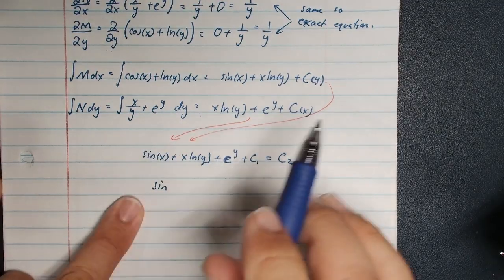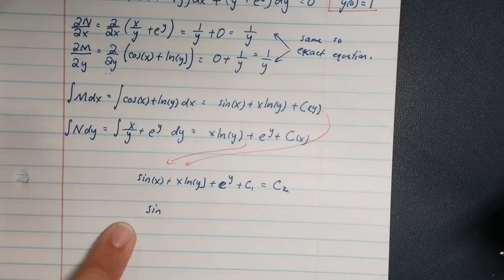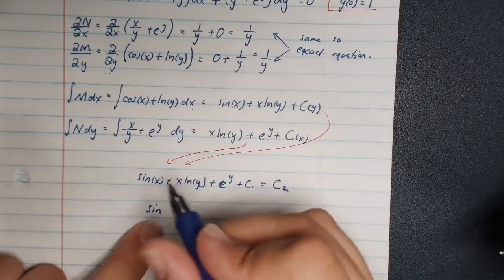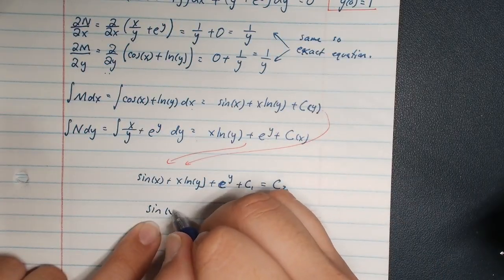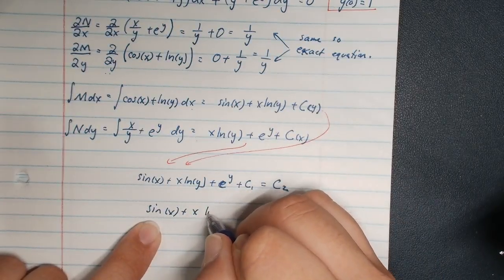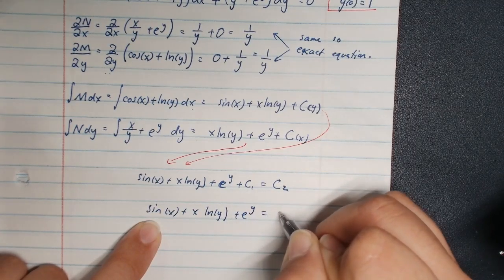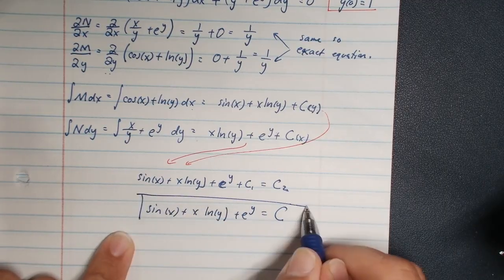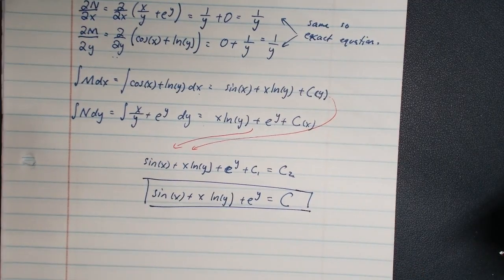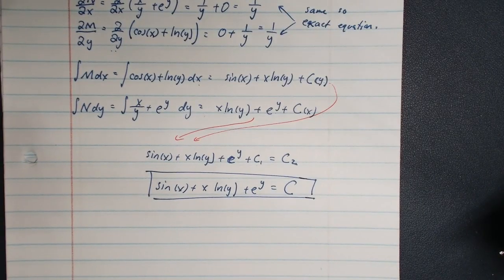So in the end, the solution to this differential equation ends up being sine of x plus x natural log y plus e to the y equals a constant, which makes us happy. But we're not done, are we?